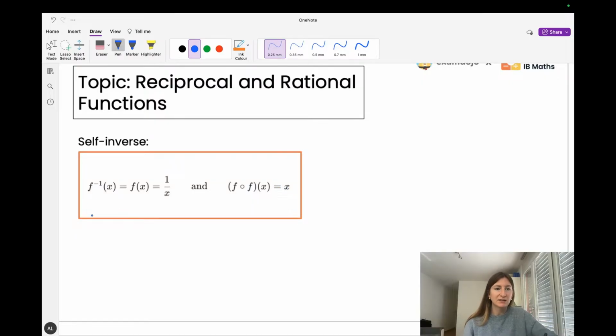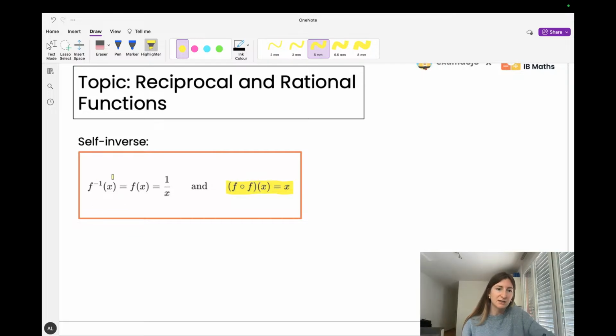So sometimes they can say, prove that the inverse function is equal to the original function, and you can use this property. That property shows that it is a self-inverse function. This property is useful for proving many self-inverse functions.